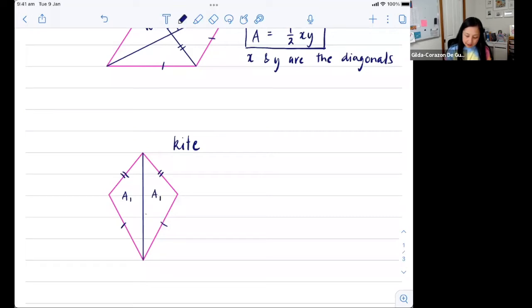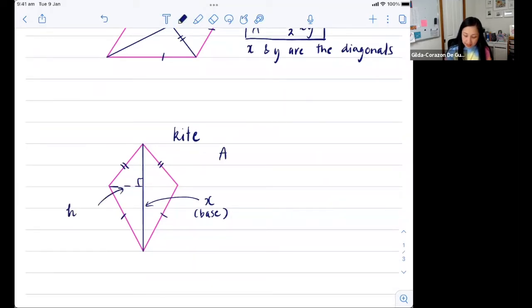I could name this length x, right? And that would be our base. Then I would have the height to be what? This height here, which is perpendicular to the base, right? And I would say this here would be y. Then I could say it's really just half of y.